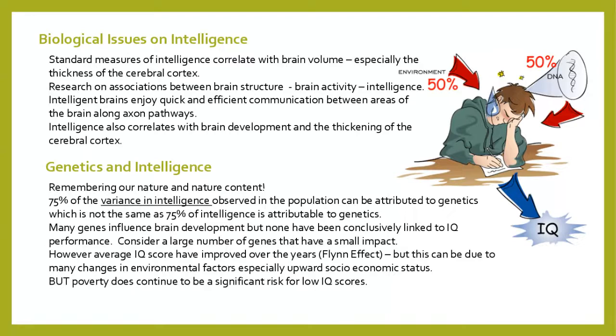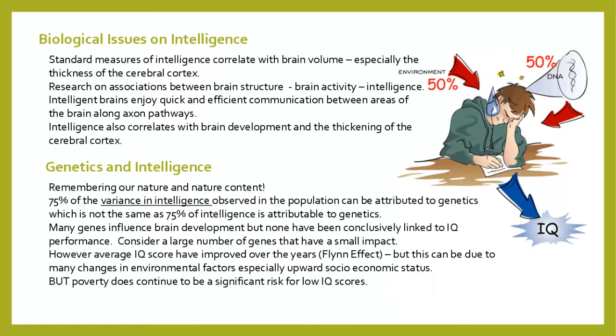And intelligence also correlates with brain development and the thickening of the cerebral cortex. So as our cerebral cortex thickens, our intelligence increases. Therefore, brain activity exercises that can develop the thickening should, in theory, make us more intelligent.